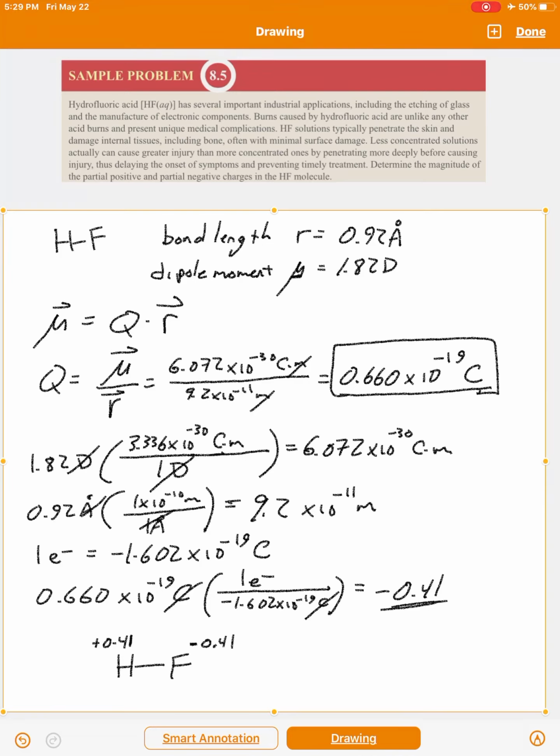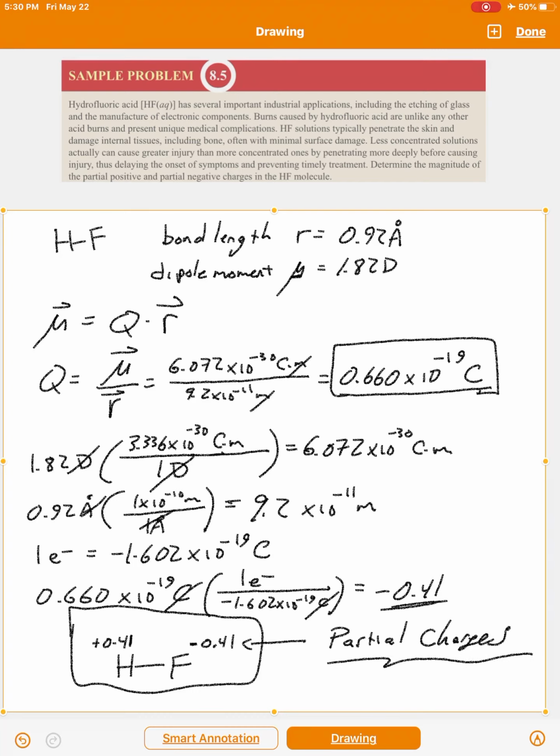What that tells us is the amount of charge on the hydrogen is about 4/10, 0.4, that of the charge of a proton. And the charge on the fluorine is negative 0.4. That's about 4/10 of the charge of an electron. It's kind of cool. So there's our calculation of the partial charges. Those are called partial charges. It's the amount of charge on each atom in that bond.